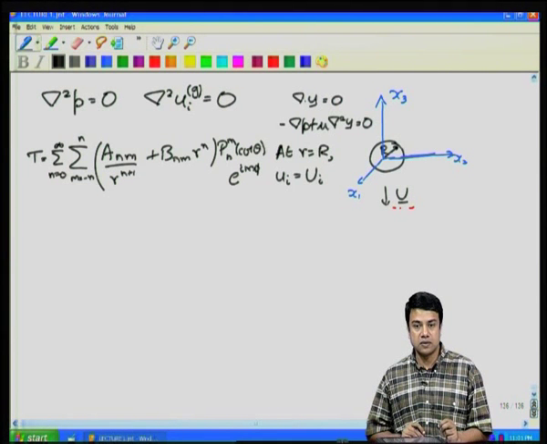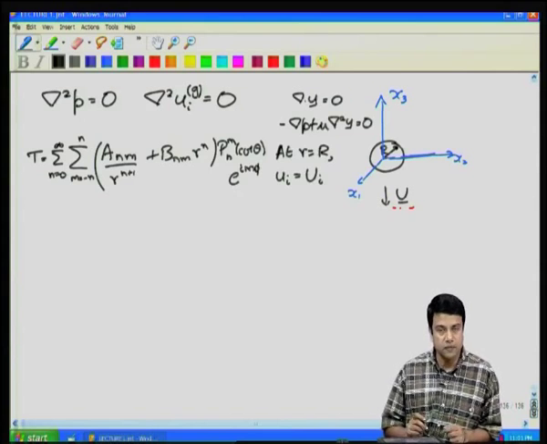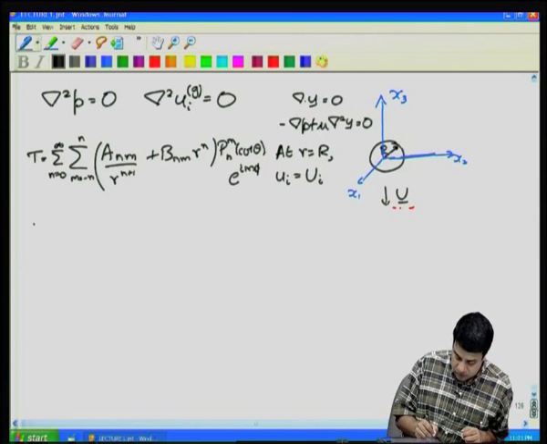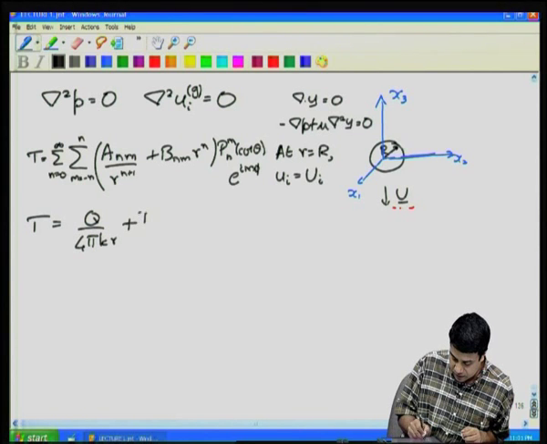We also obtained solutions by superposing sources and sinks. The first solution for n equal to 0, 1 by r, was the solution due to a point source of heat, equal to q by 4 pi k r plus T infinity.